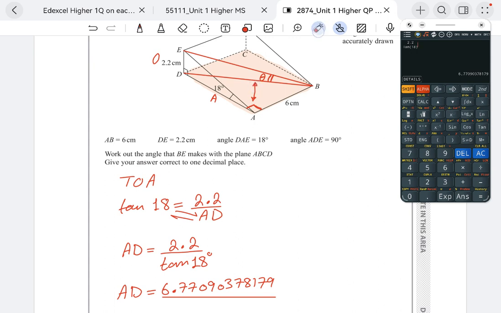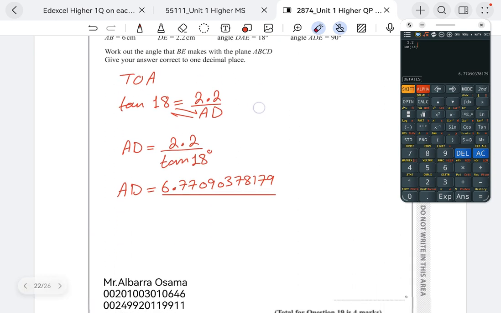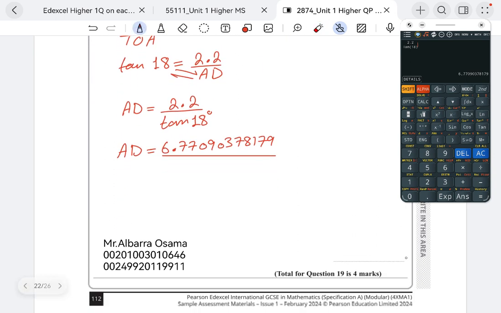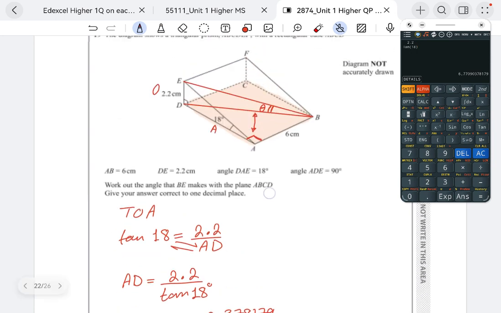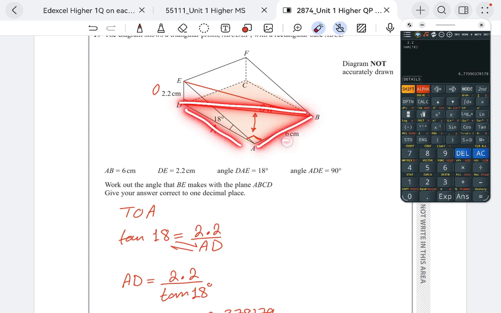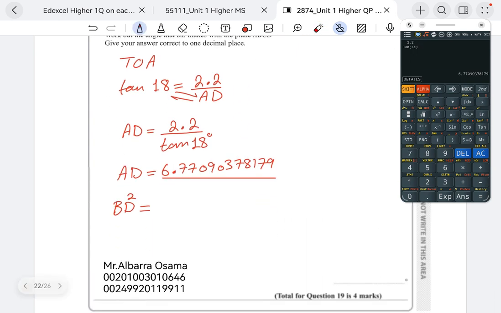I will say BD squared equals AD squared plus AB squared. So BD squared equals the hypotenuse squared, which equals this leg squared plus this leg squared. This leg is 6, so I can say 6 squared plus the other leg, which is 6.770 and so on, squared.